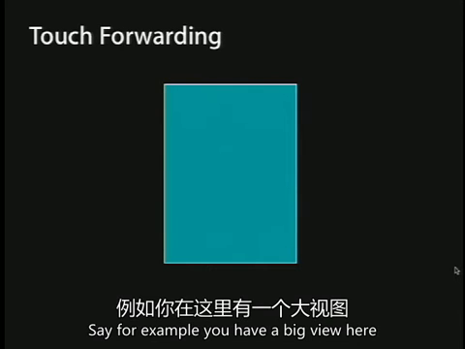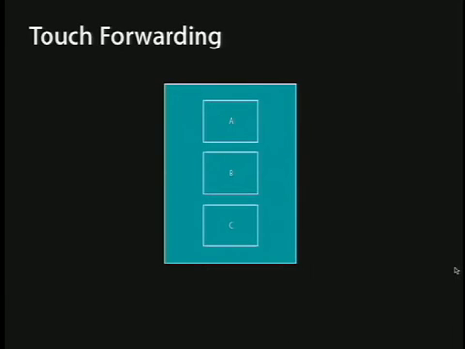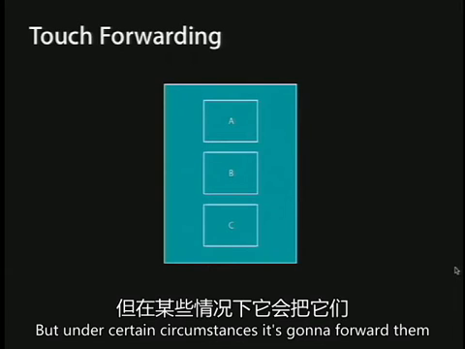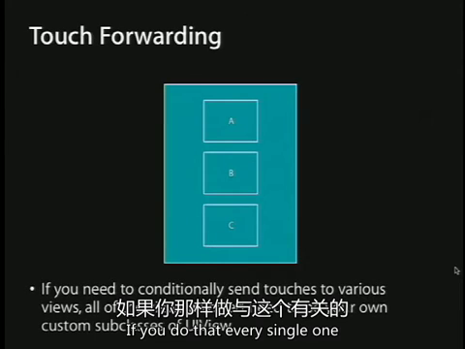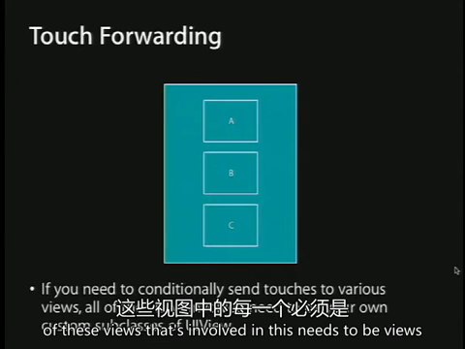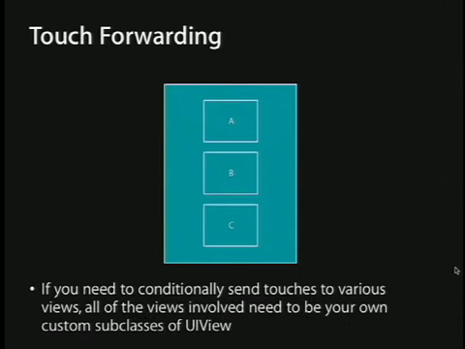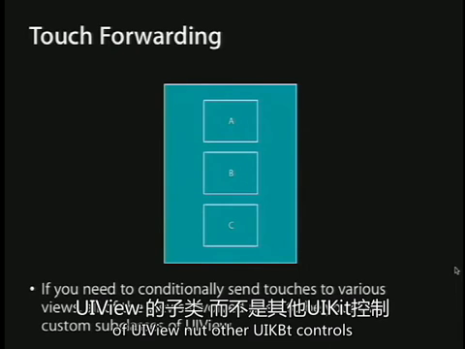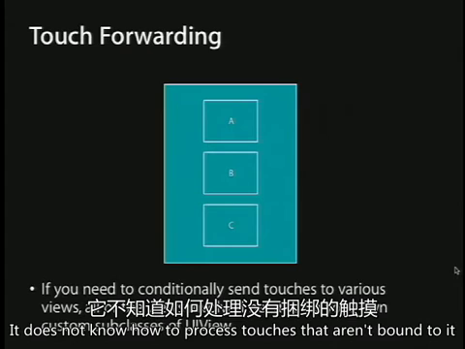Say, for example, you have a big view here that is going to catch all of the touches, but under certain circumstances it's going to forward them to views A, B, and C. If you do that, every single one of those views involved needs to be a view that you own. They need to be subclasses of UIView specifically, not other UIKit controls. You can't subclass button and throw one of those in there. It does not know how to process touches that aren't bound to it.